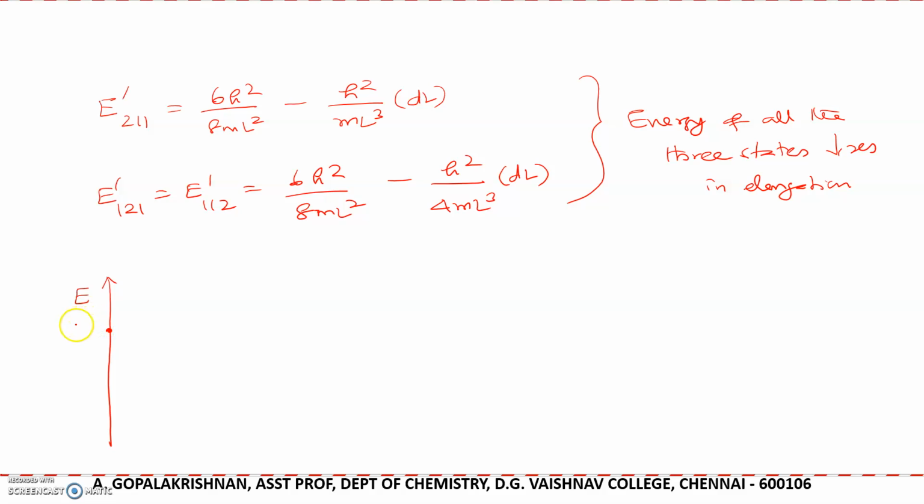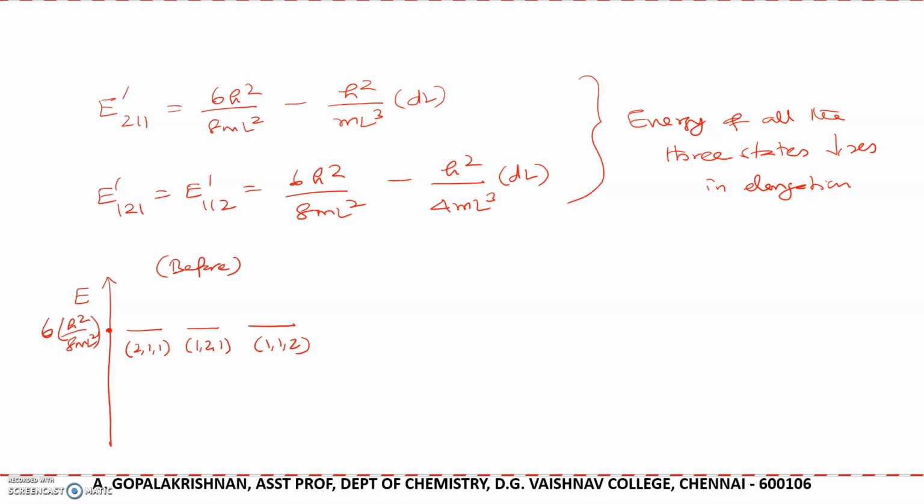See, before distortion, the energy level of 6h square by 8 ml square has degeneracy 3. This is before distortion. This corresponds to the 211 state, this corresponds to the 121 state, and this corresponds to the 112 state.